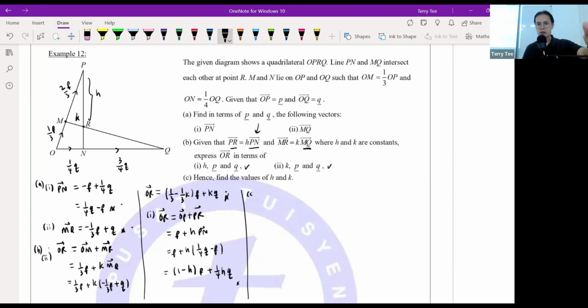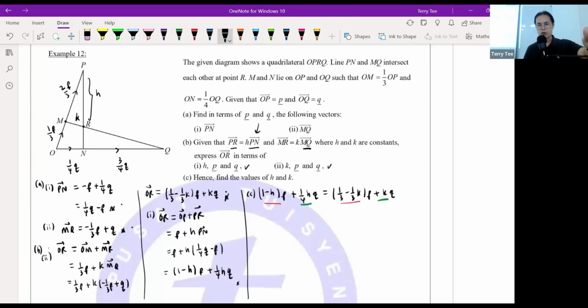Now for comparison, you can write the first one equals, let me write the whole thing here, equals the second one, and we compare this with this, the red with the red, green with the green.